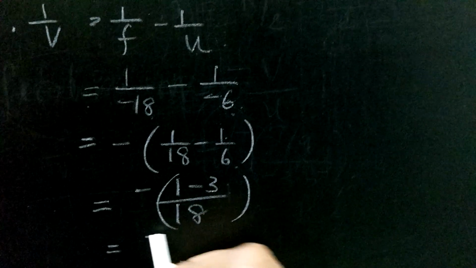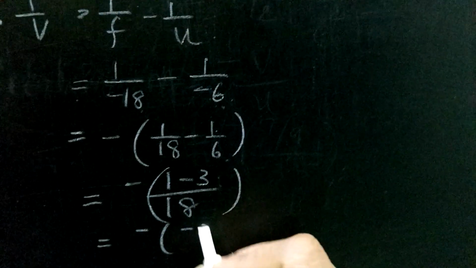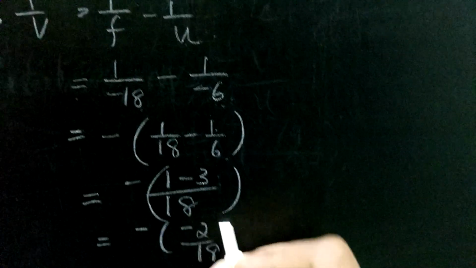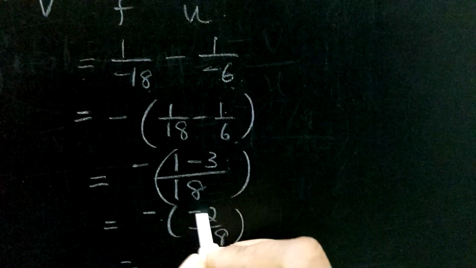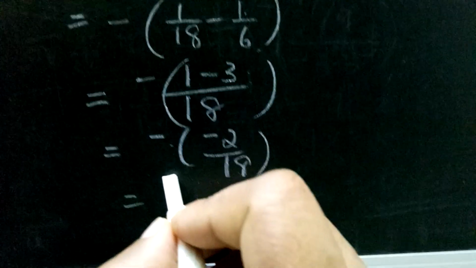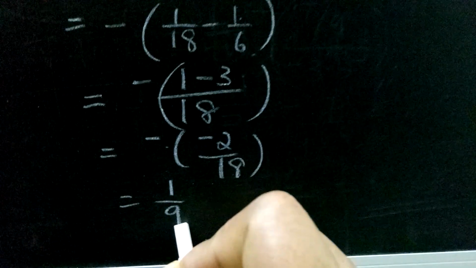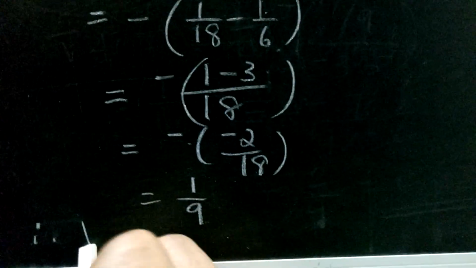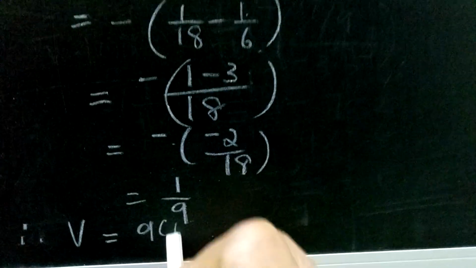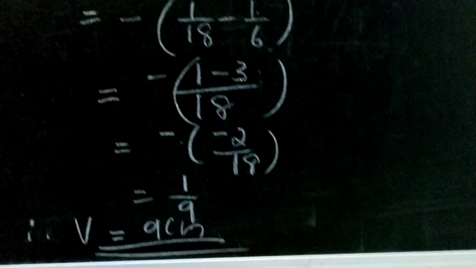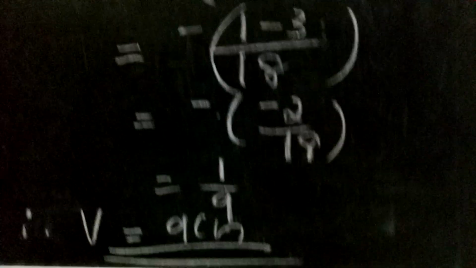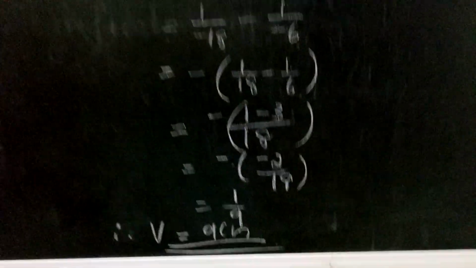So negative of negative 2 by 18, negative becomes positive. So 1 by 9. Therefore V is equal to 9 centimeter. So that is the answer. V is equal to 9 centimeter.